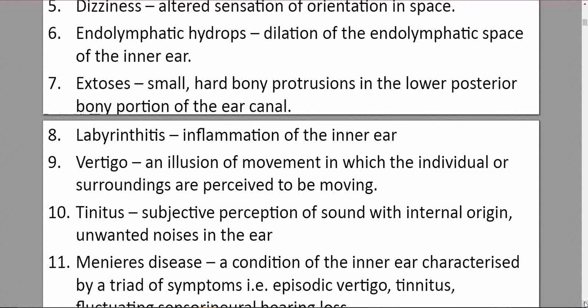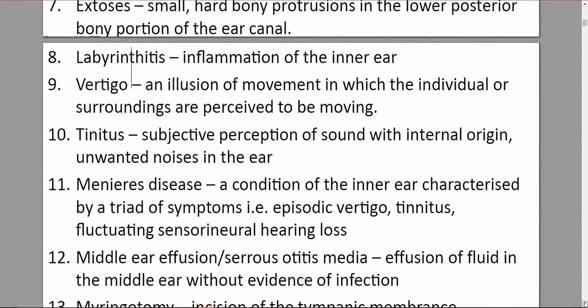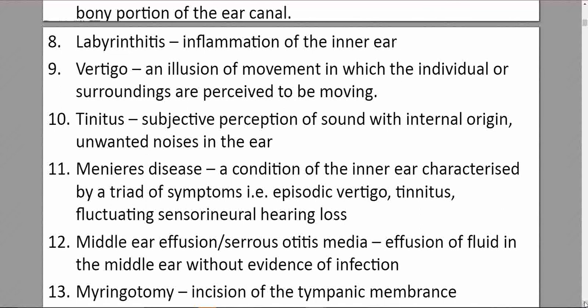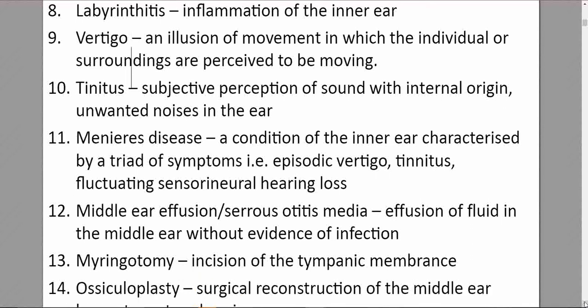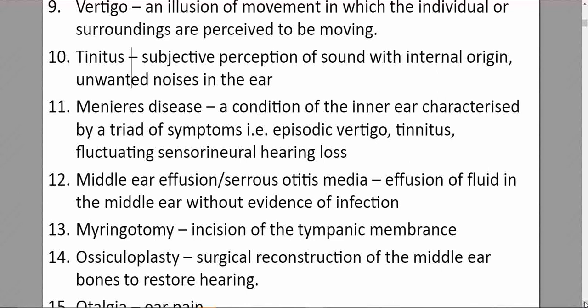Then you have labyrinthitis, inflammation of the inner ear. Vertigo, an illusion of movement in which the individual or surroundings are perceived to be moving. Tinnitus, subjective perception of sound with internal origin, unwanted noises in the ear. That is called tinnitus.